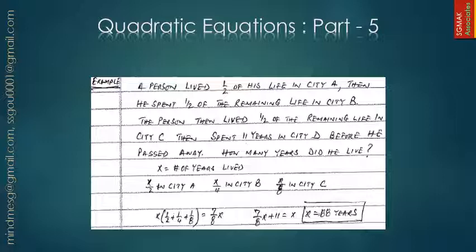If we solve, we get x equal to 88 years. Okay, so that's converting a problem statement into a model. In this case, it happens to be a linear equation.